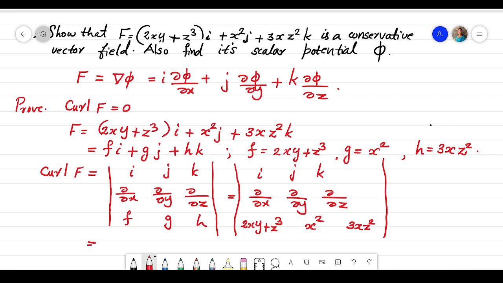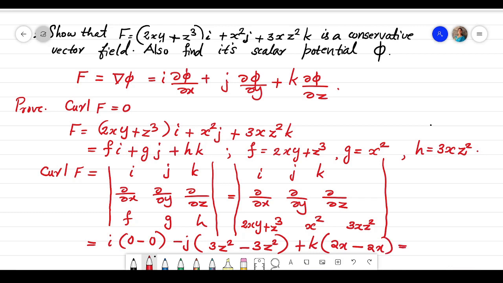So, that is equal to i into ∂/∂y of 3xz², that is 0, minus ∂/∂z of x², that also is 0, minus j into ∂/∂x of 3xz², that is 3z², minus ∂/∂z of (2xy + z³), that is also 3z², then plus k into ∂/∂x of x², that means 2x, minus ∂/∂y of (2xy + z³), that also is 2x.